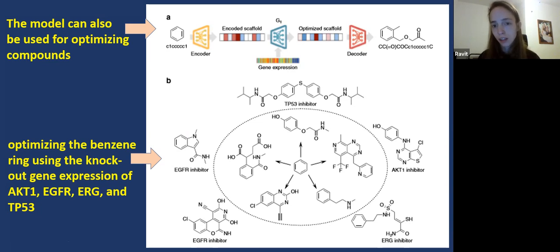As you can see here below, inside the circle, these are molecules generated after optimizing the benzene structure. And outside of the circle are reference molecules with known activity that are the closest in similarity to the ones inside the circle.